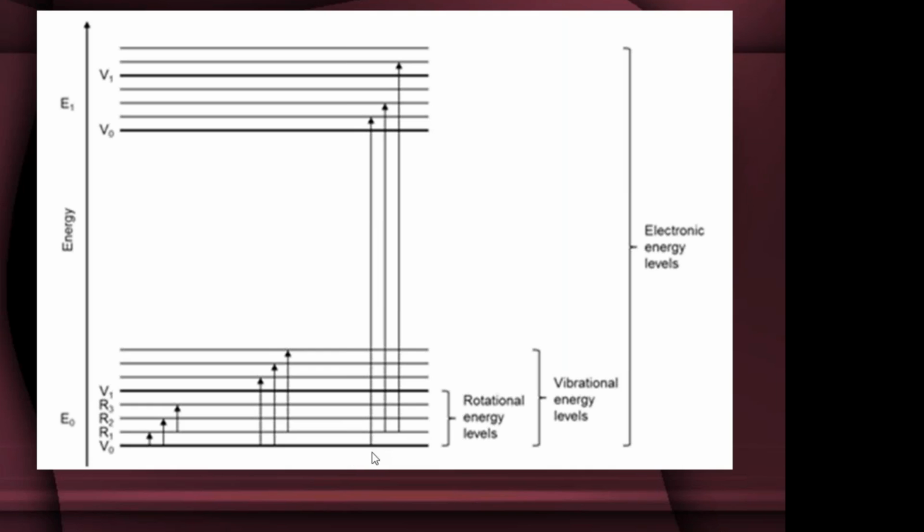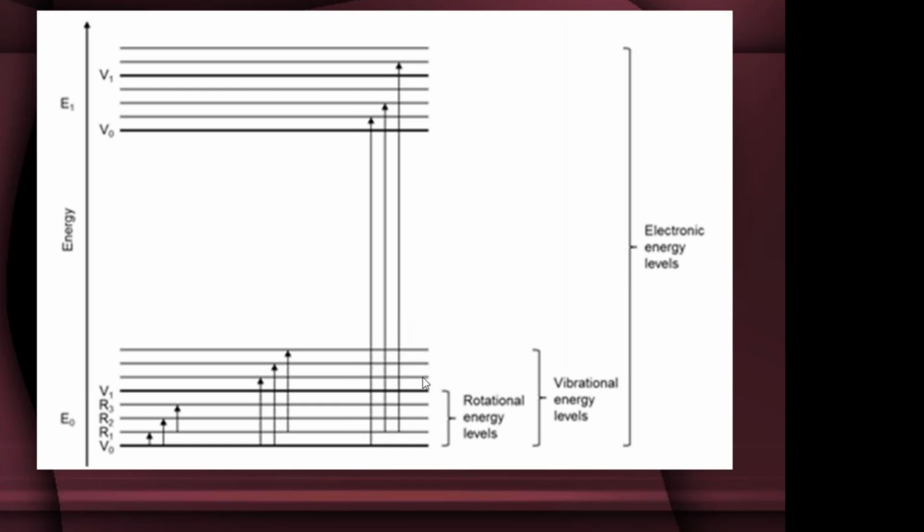So why does it become a broadband? Because here it will also include a number of vibrational transitions. See, here one, here one. So there are a number of vibrational transitions occurring. And each of these vibrational transitions also has a number of rotational transitions involved. That is why you get a broadband spectrum which is comprised of a number of narrow peaks within it.